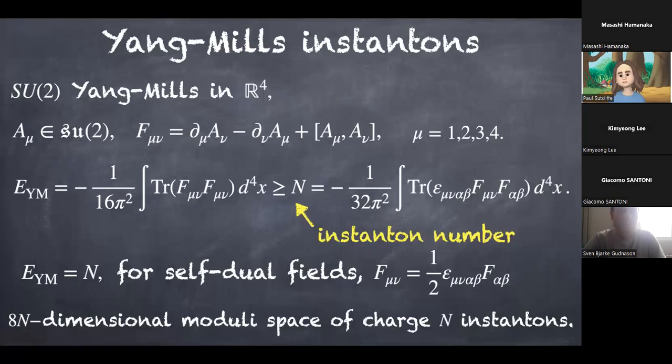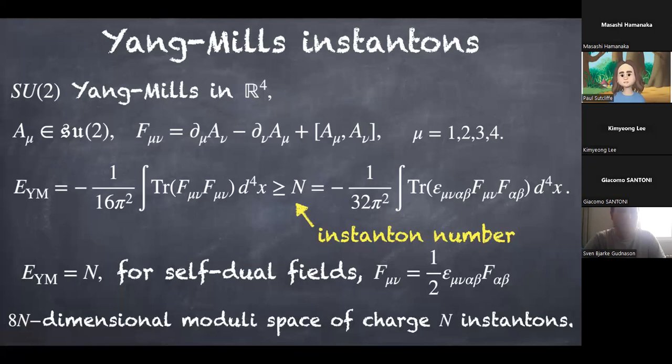The fact that instantons are mathematically nicer than skyrmions is that you can attain this energy bound. So you can find configurations whose energy is equal to n for any n, and they're obtained by self-dual fields. So fields that solve this first order equation, F equal to the dual of F, which is F with an epsilon and a factor of half.